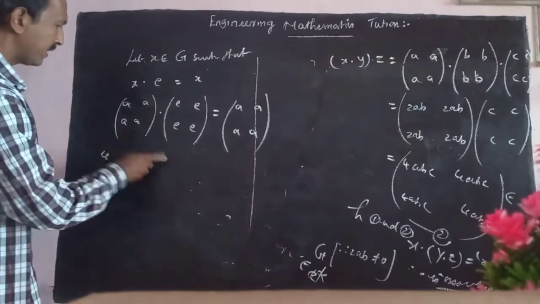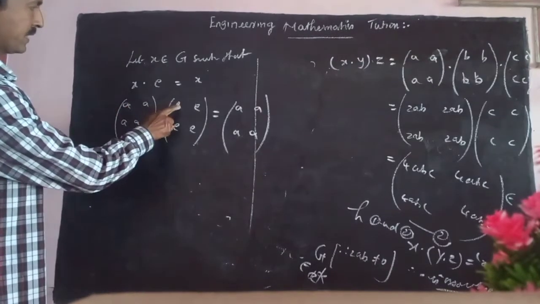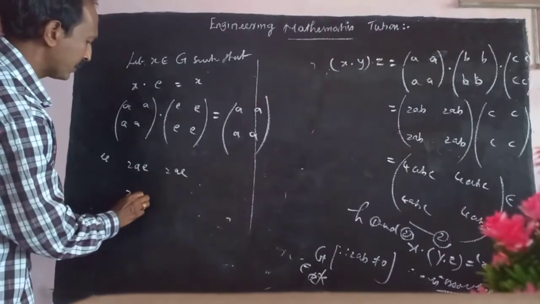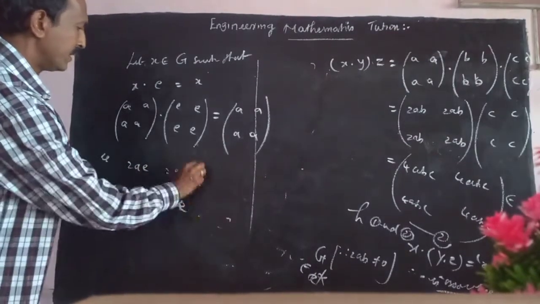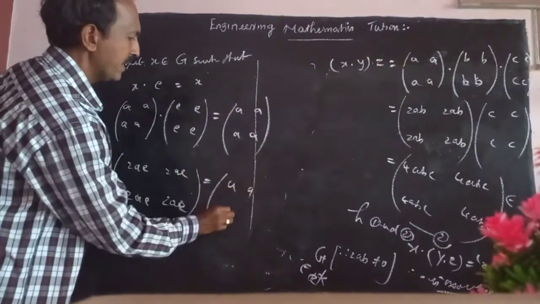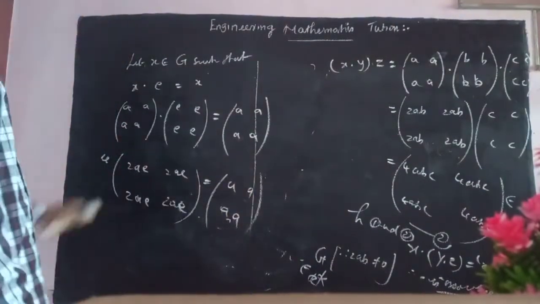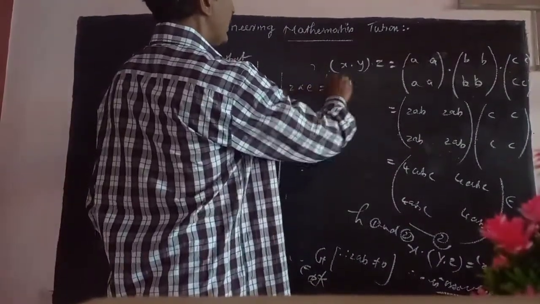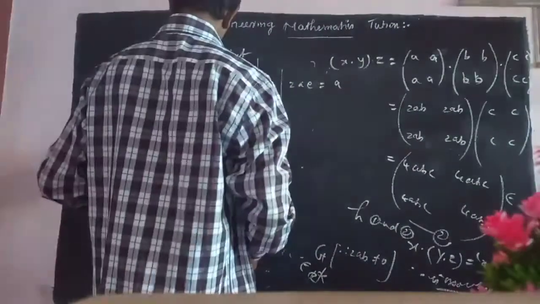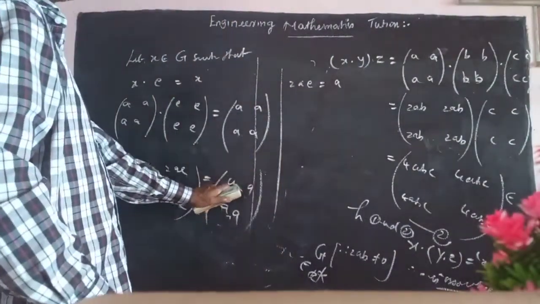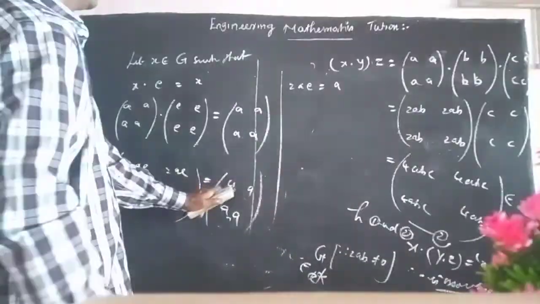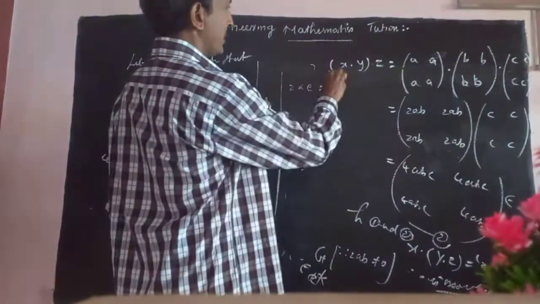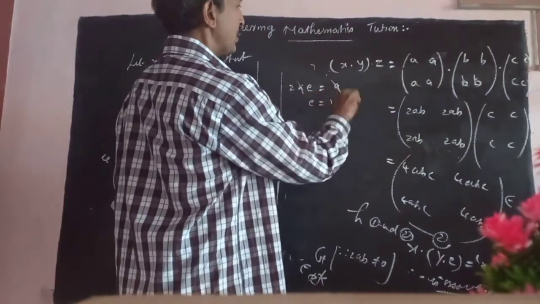So first row, first column A dot E plus A dot E, that is 2AE in every entry, equal to A. Compare each entry: 2AE equal to A, and 2AE equal to E. So A cancels, E equal to 1 by 2.